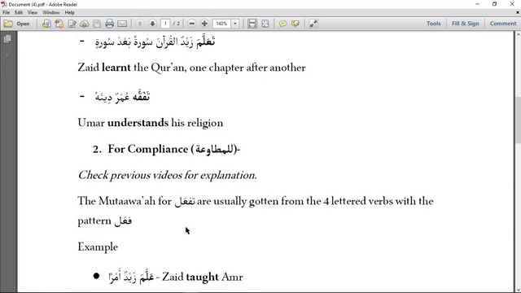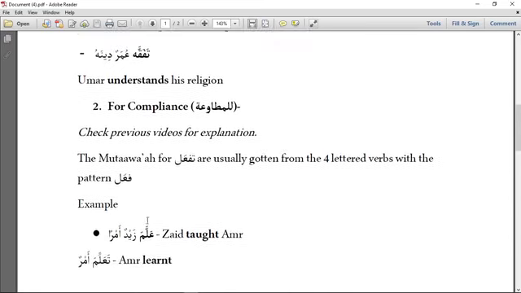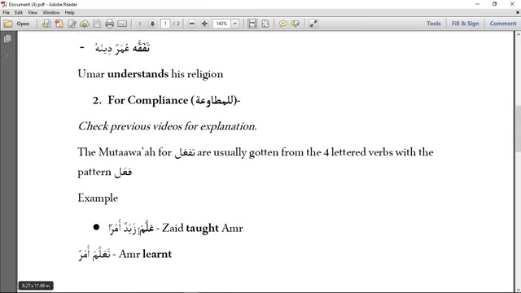So example, we have allama. Allama Zaydun amrun. Zayd taught Amru. If you remember, mutawa'a are intransitive verbs. The previous verbs will be transitive, then when we change them to mutawa'a, they become intransitive.